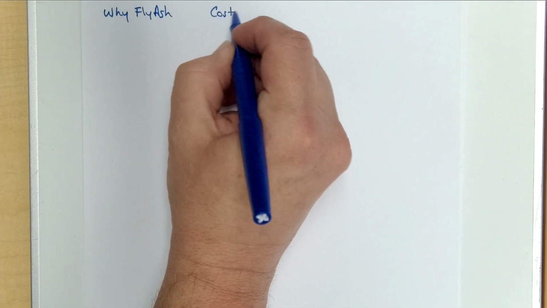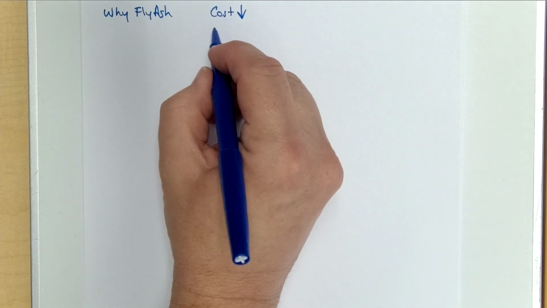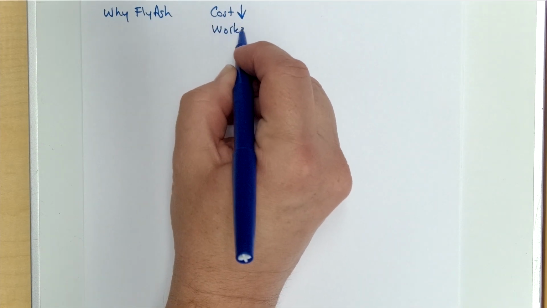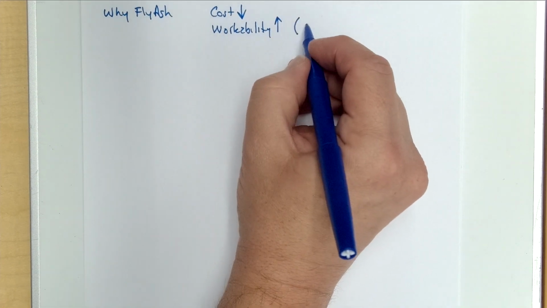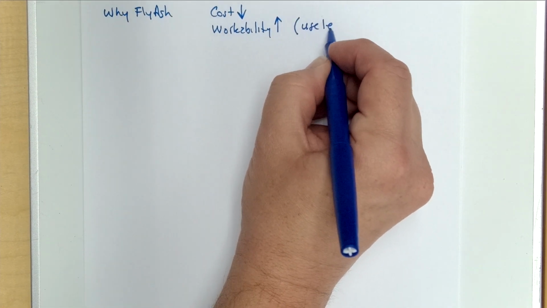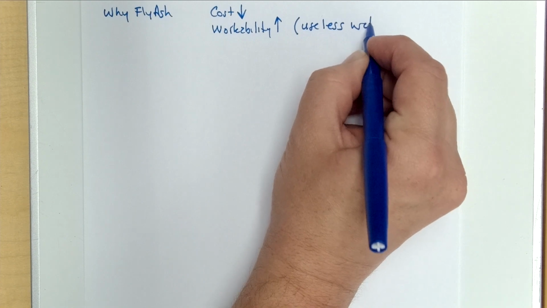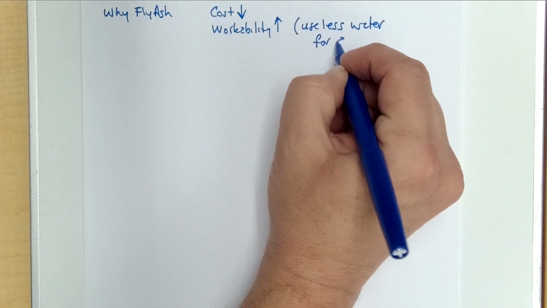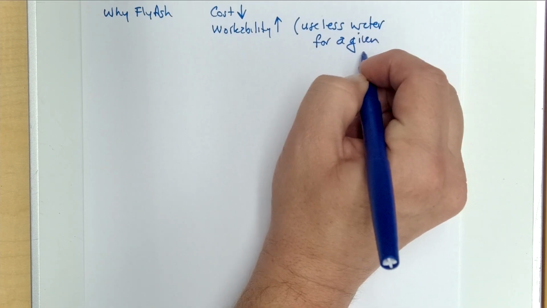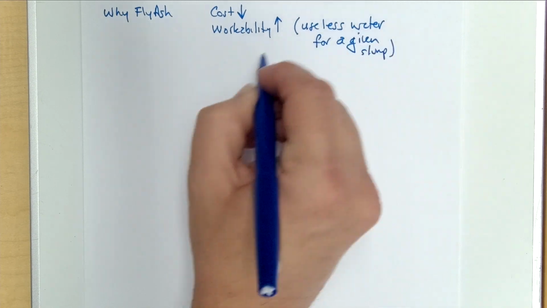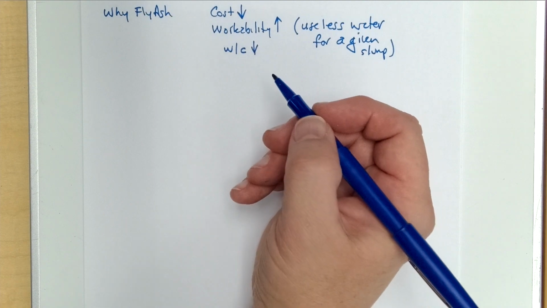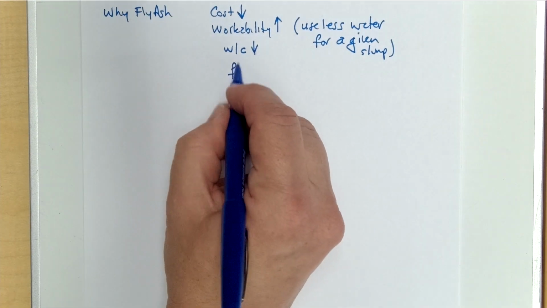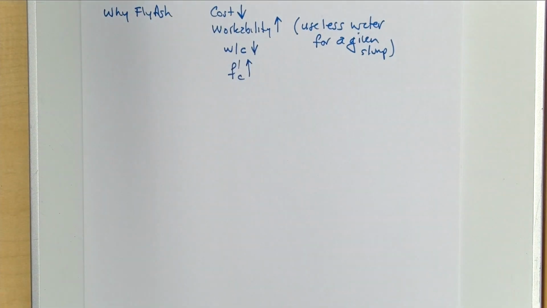Because the cost goes down, the workability goes up. We need less water for a given slump. If we need less water for a given slump, what else does that mean? Our water to cement ratio goes down, and therefore our strength goes up.